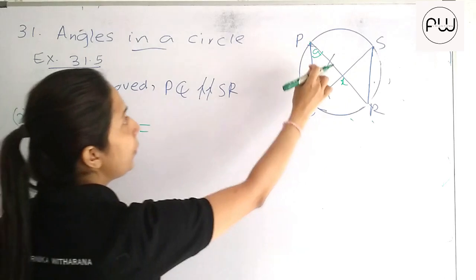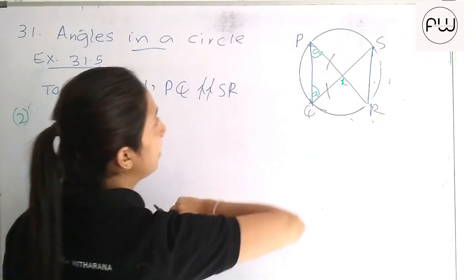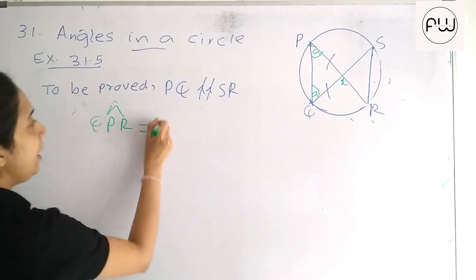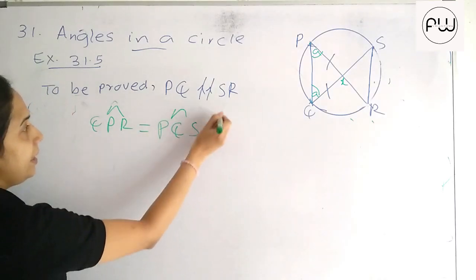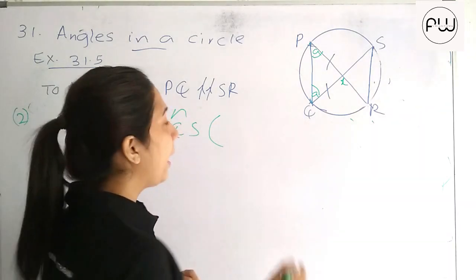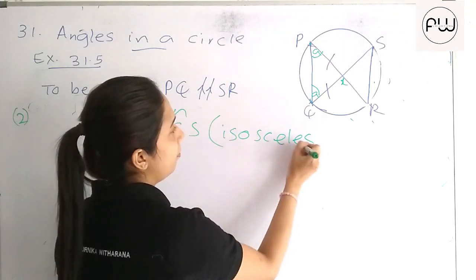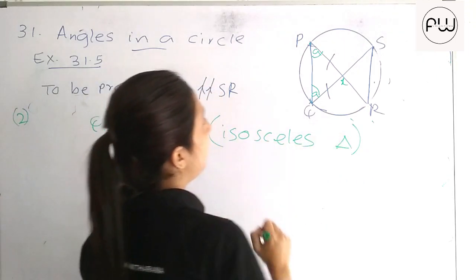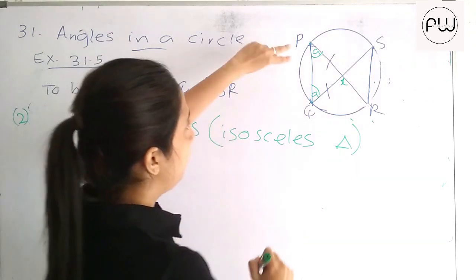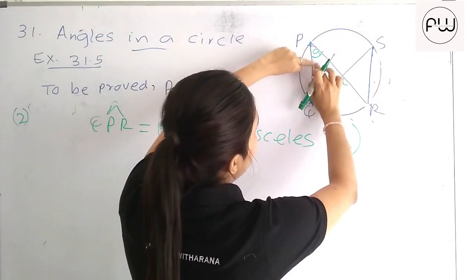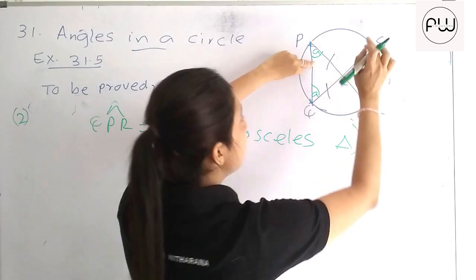Then we can write angle QPR equal to angle PQS. What is the reason? Isosceles triangle. Right. Now see this one. This triangle, this angle and this angle.